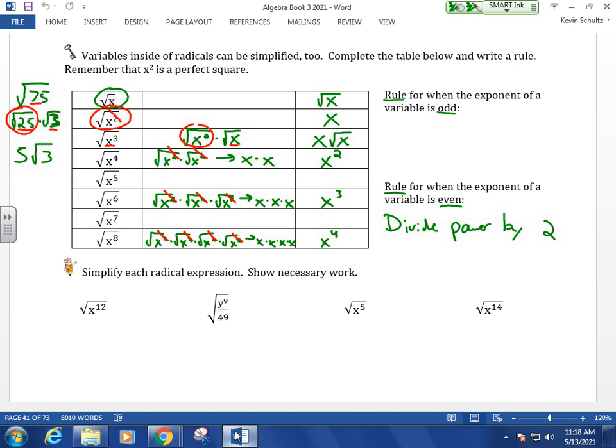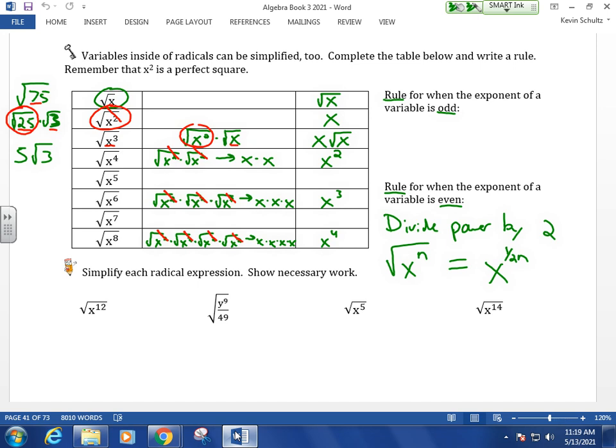Or another way to think about it is the root of any variable to the nth power, as long as n is even, is going to be equal to that variable to the half of n. Okay? If you're more of a symbolic variable kind of person, that equation might resonate with you more.